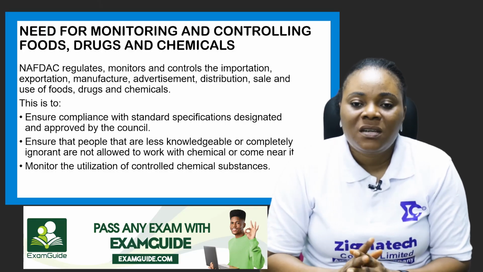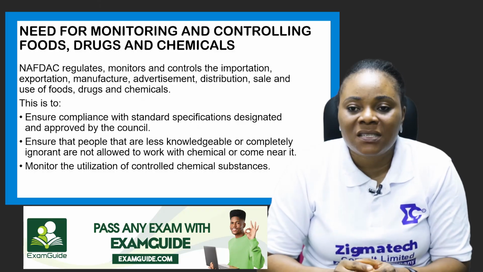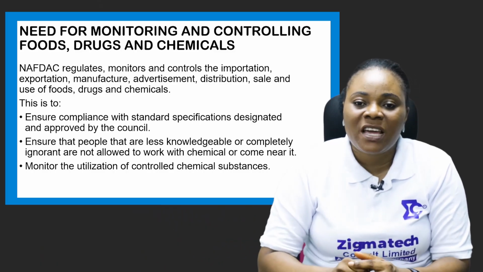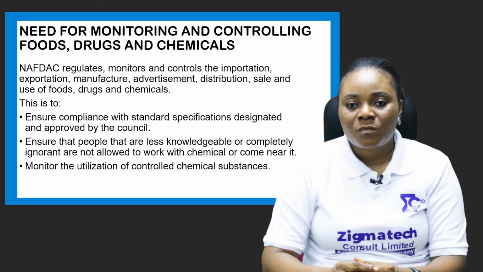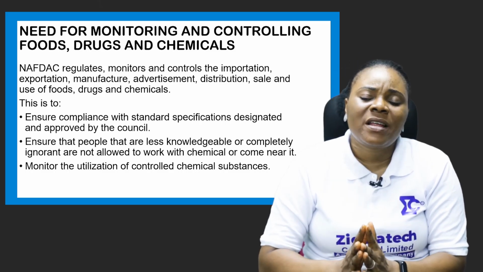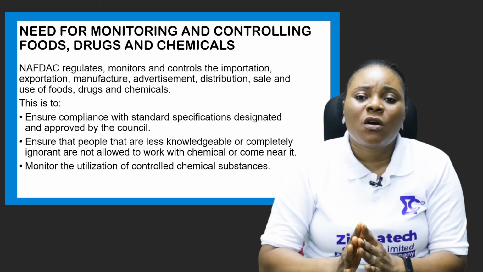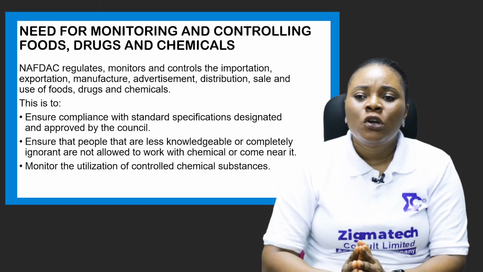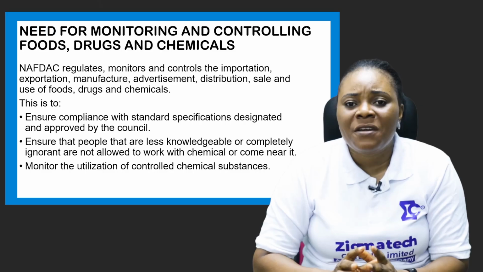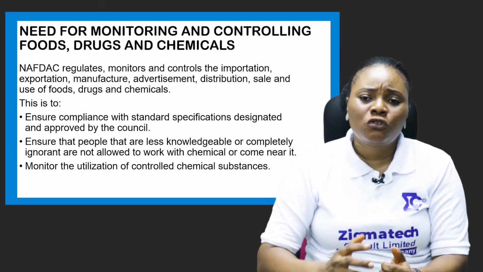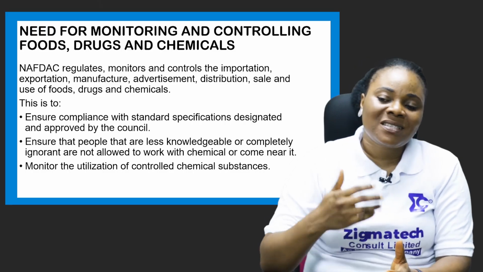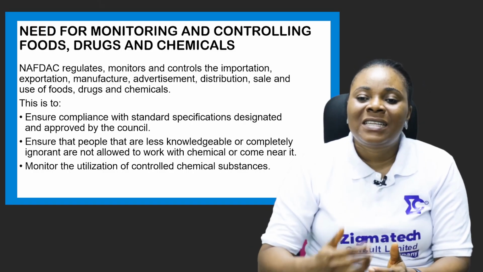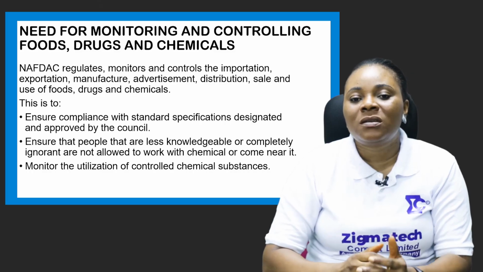Number one, this is to ensure compliance with standard specifications designated and approved by the Council. Before the National Agency for Food and Drugs Administration and Control can allow you to set up an industry or a factory where food, drugs, and chemicals are either used or produced, there are some standard specifications that must be put on ground.